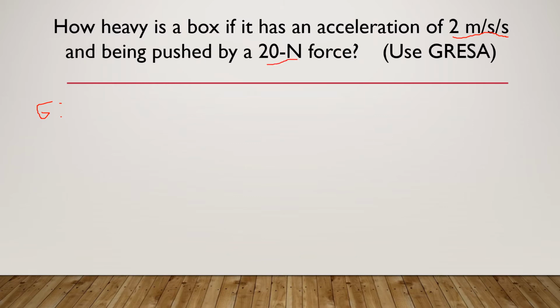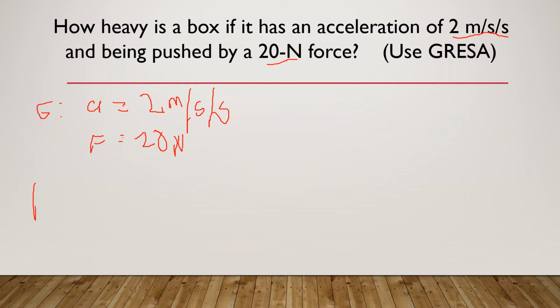From the unit meter per second squared, we already know that this is an acceleration. So you just need to write 2 meter per second squared. Next, we have here 20 Newton, and Newton is the standard unit for force. So you just need to write 20 Newton.